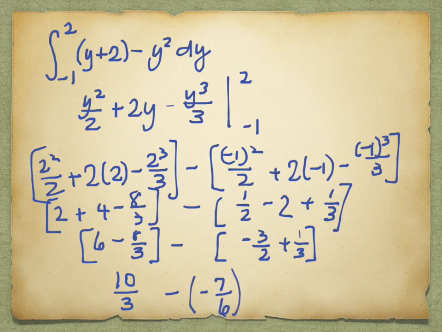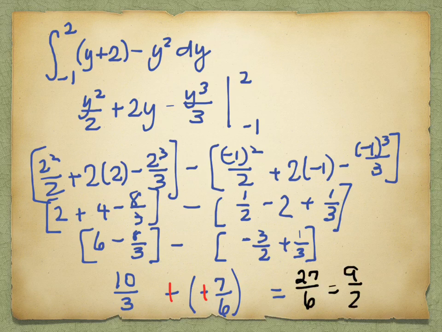It is -7/6. So I have 10/3 minus 7/6, minus the negative's positive. What's my result? Okay, 27/6. Does it reduce?